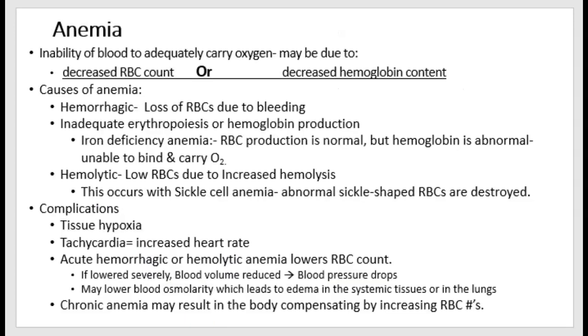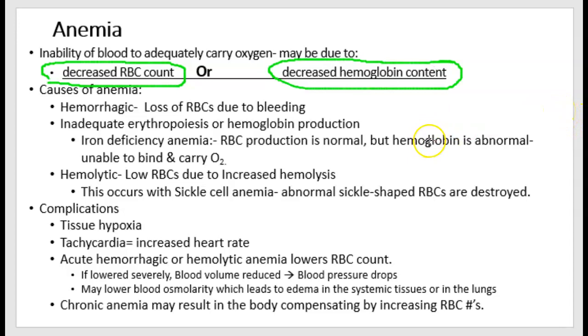Now, anemia. Anemia is the inability of blood to adequately carry oxygen, and that could be due to the fact that there are too few red blood cells, or that the hemoglobin in the red blood cells is abnormal, or there isn't enough. Okay. Now, why would you have low red blood cells?